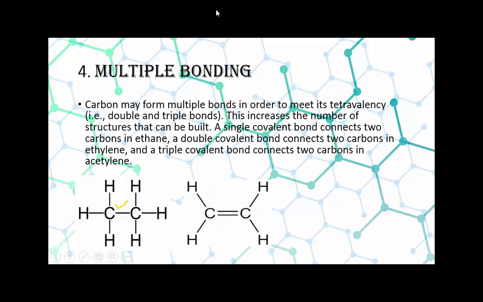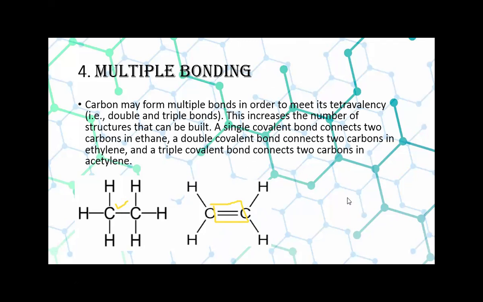In ethane we have seen a single bond, while in ethylene we have two bonds between the carbon atoms, and this is known as a double covalent bond. Here is a single covalent bond, and here is a double covalent bond.